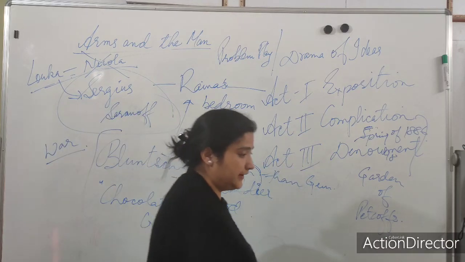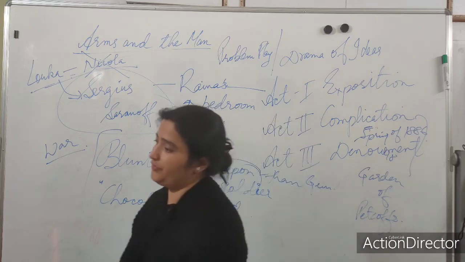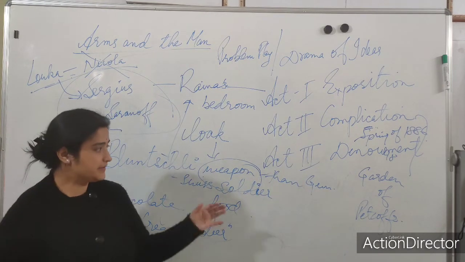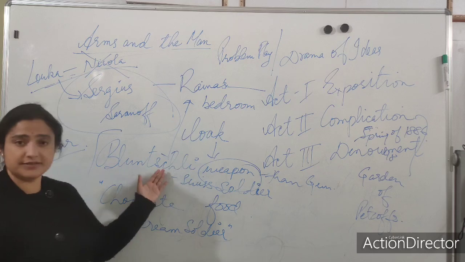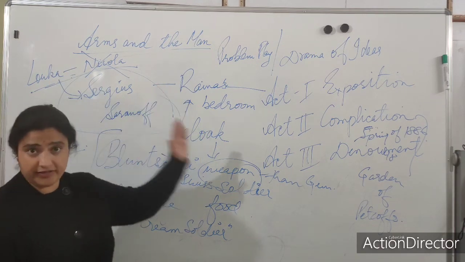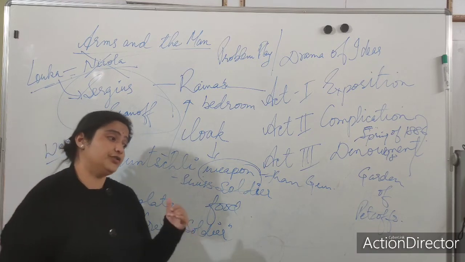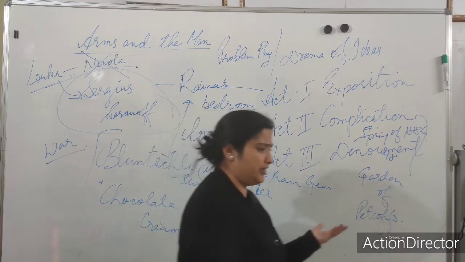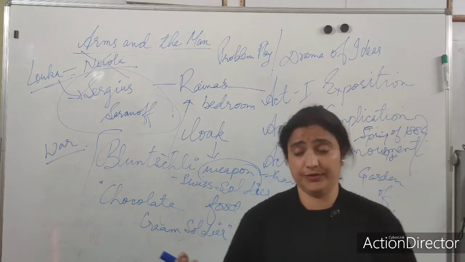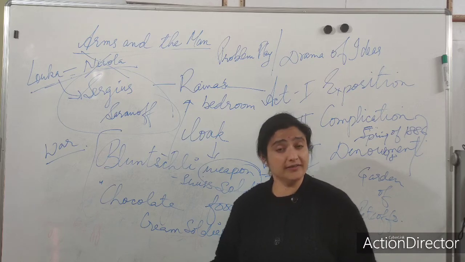Now, as Act 3 begins, when the problems start resolving, the love between the two lovers is revealed. They both want to marry each other, but then parents have concerns, right? Aristocratic family, how will they marry their daughter to a Swiss soldier who is not earning anything?